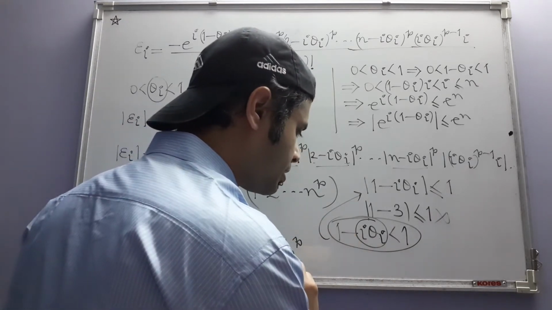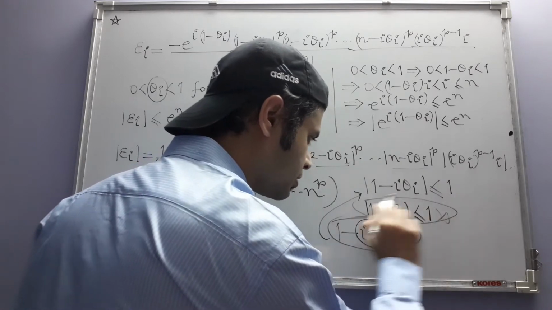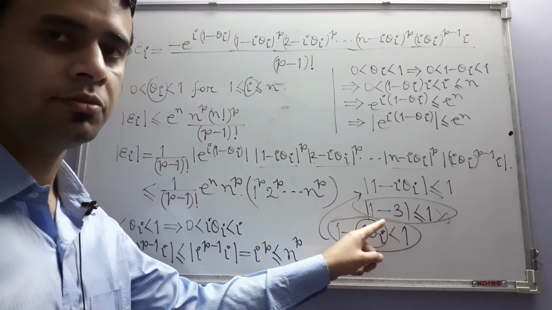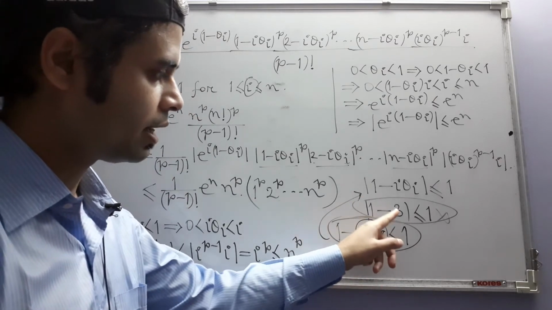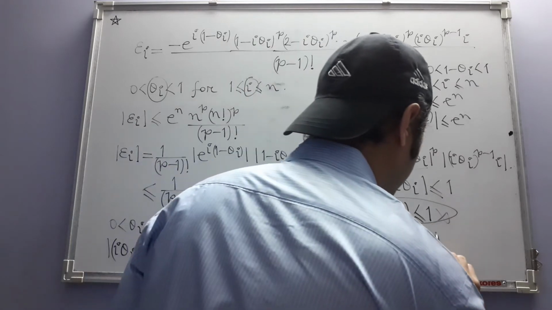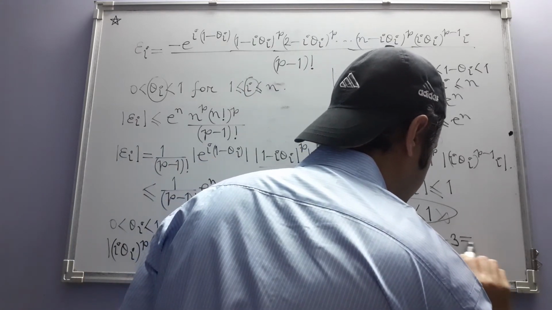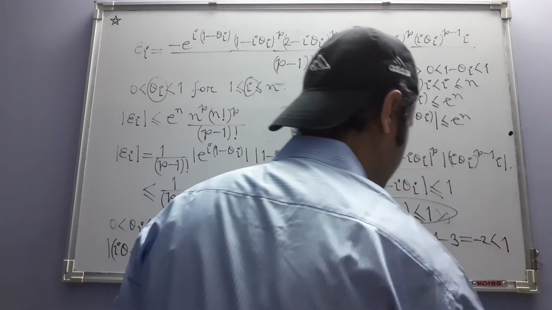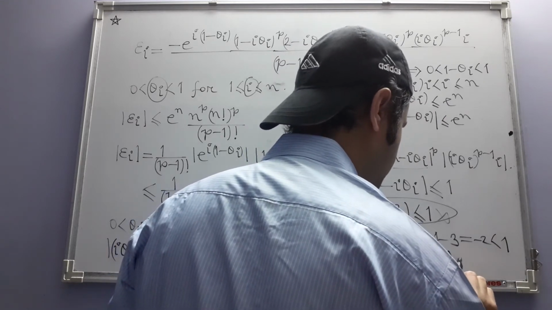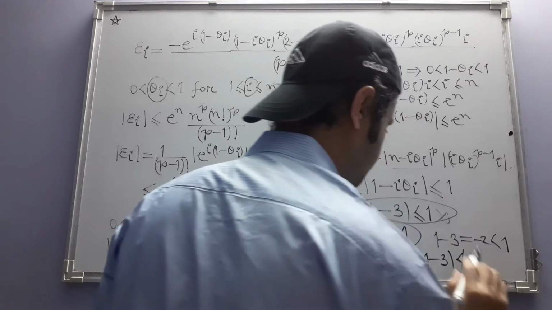If that is not the case, then you get a situation like this. I theta I here is positive, it is 3, but still it's greater than 1. So although 1 minus 3, which is minus 2, is less than 1, the absolute value of 1 minus 3 is not less than 1.